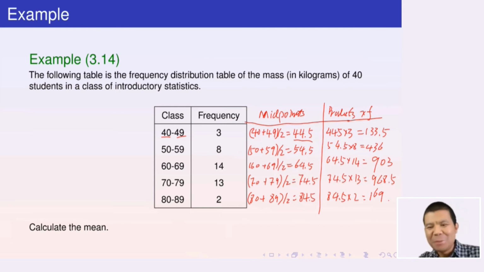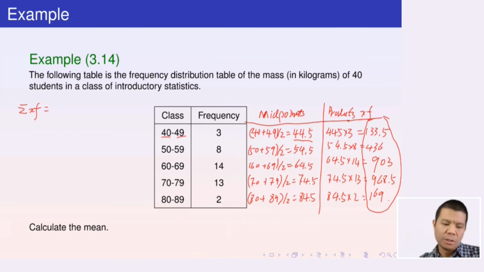Next is to find the summation of all the products and the summation of all the frequencies. So what is the summation of the products? Take the summation of all these values: 133.5 plus 436 plus 903 plus 968.5 plus 169.